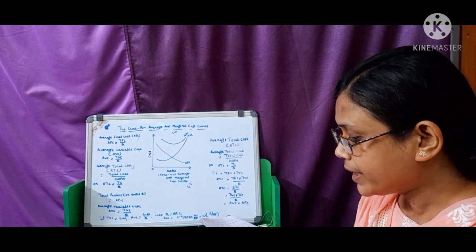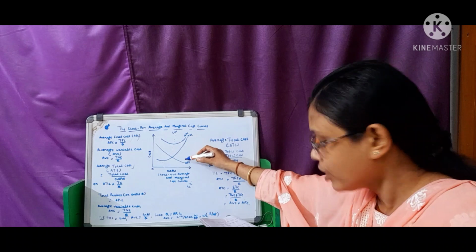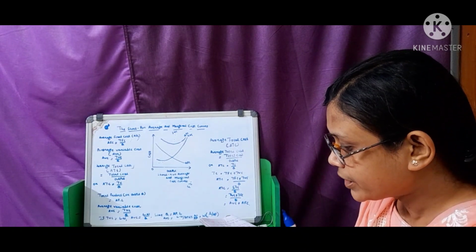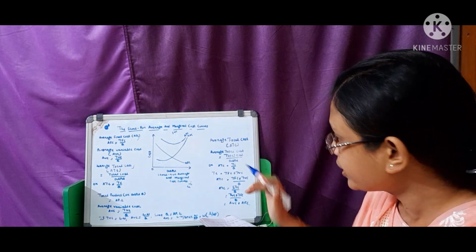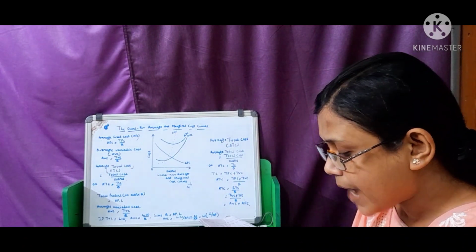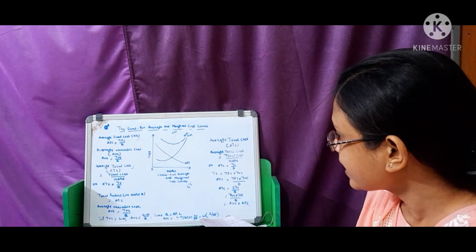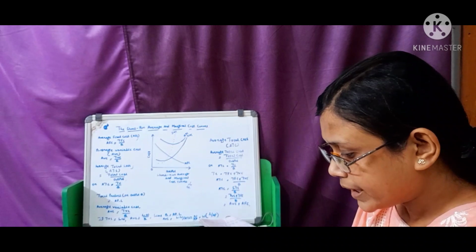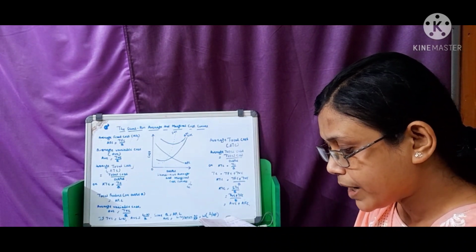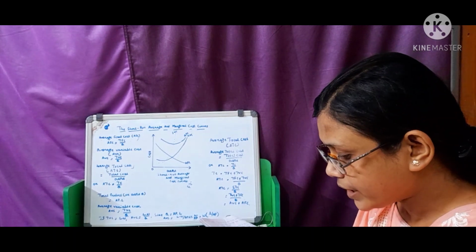The average fixed cost curve, AFC, is shown in figure 1. It will be seen that the average fixed cost curve continuously falls throughout. Mathematically speaking, the average fixed cost curve approaches both axes asymptotically. In other words, it gets very near to but never touches either axis.